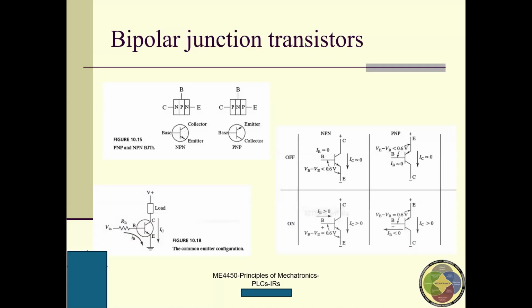In the PNP, the base is the same, but the emitter and the collector change. The roles and positions change. This is still the emitter. Whenever you see the arrow, that terminal is the emitter terminal. So this is the C, the collector, for PNP. So here is the chart.